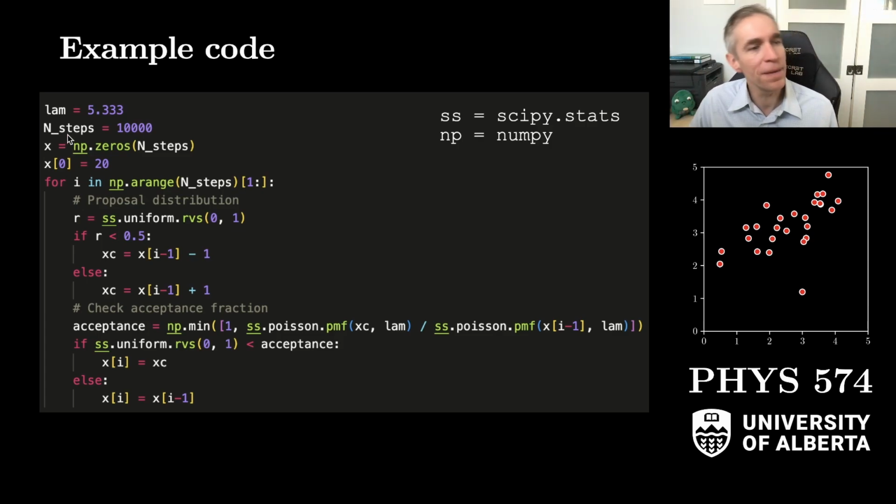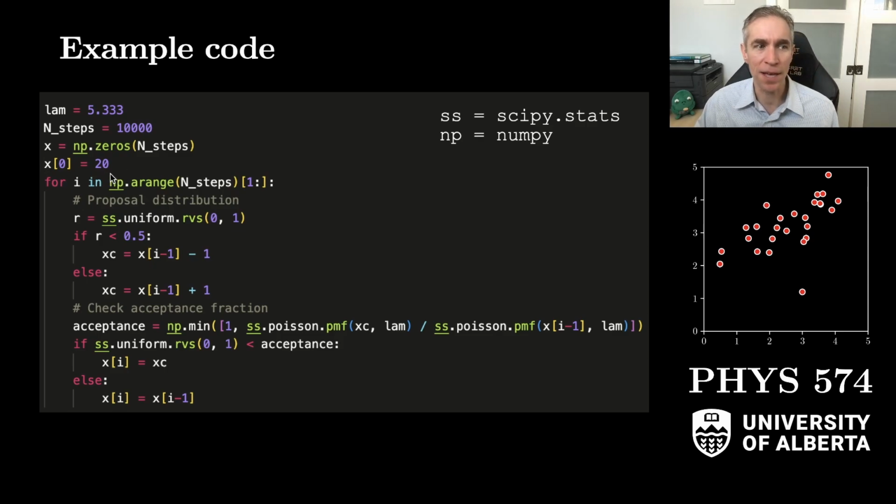It's just lam. I'm going to say I want to take 10,000 steps in my Metropolis-Hastings algorithm. I'm working in a namespace where ss is scipy.stats and np is numpy. What I need to do is start at some initial point, and then initialize my sampling variable to be a vector of zeros with length n steps.